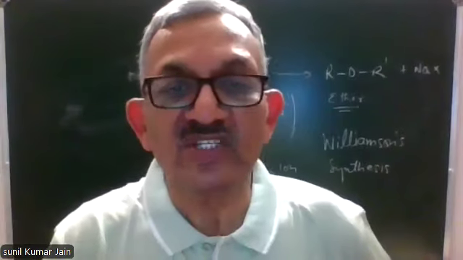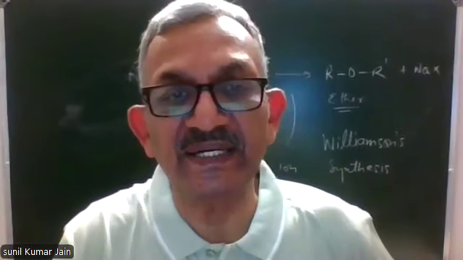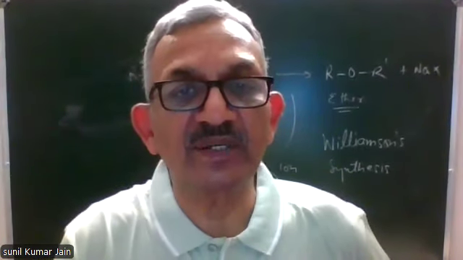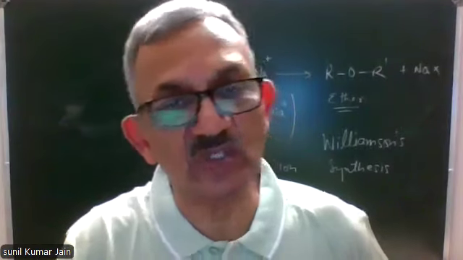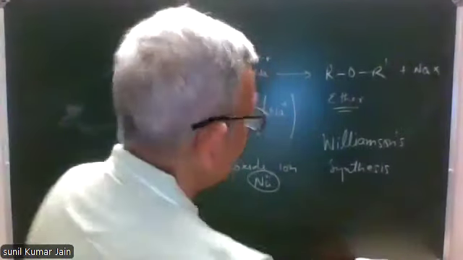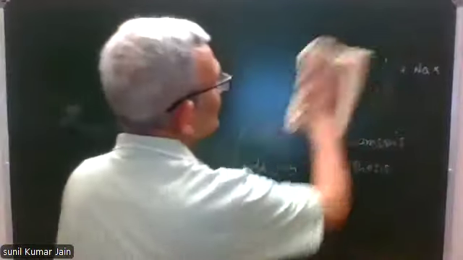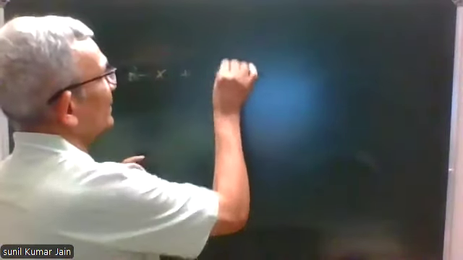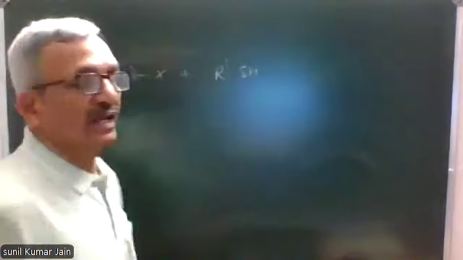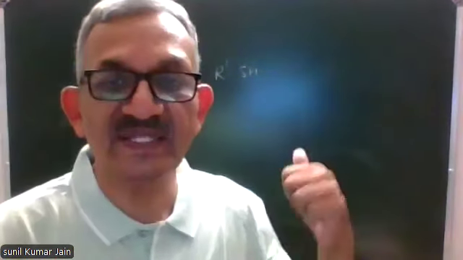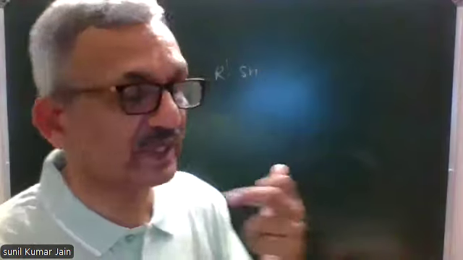Now, similar to reaction number 8 and 9 are reaction number 10 and 11 respectively. In reaction number 8, we reacted alkyl halide with alcohol. Now we'll react with R-SH. What is this? Mercaptan, thioalcohol.